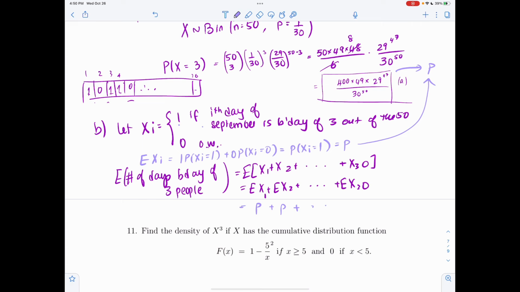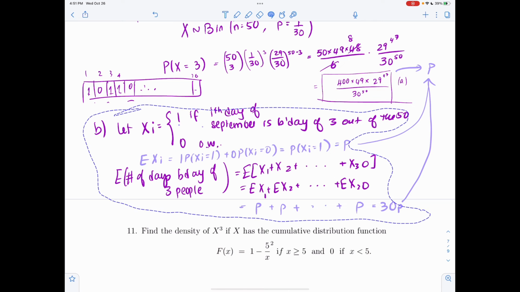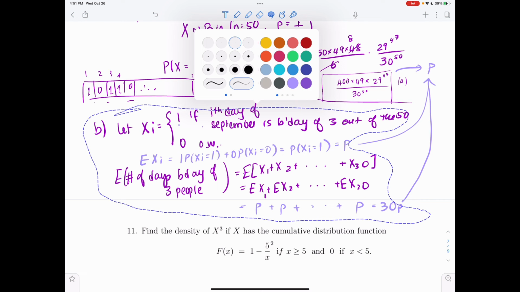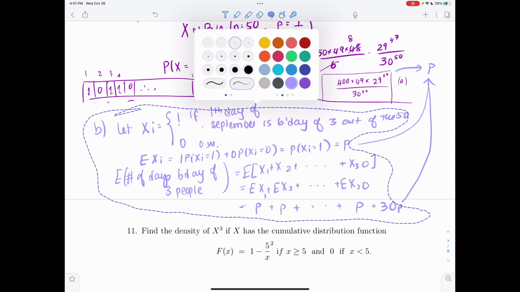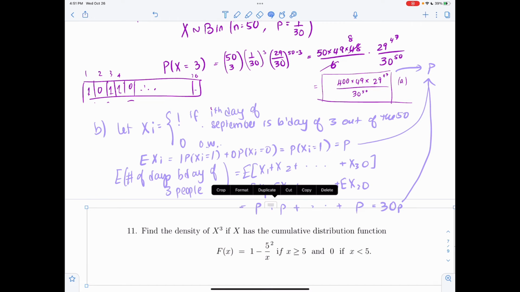This is P. This is P. So it's 30P, where P is exactly that. Okay? So this is really techniques you look at in chapter 7, but in theory you could do it right now too. Okay? So I'm just gonna write it.